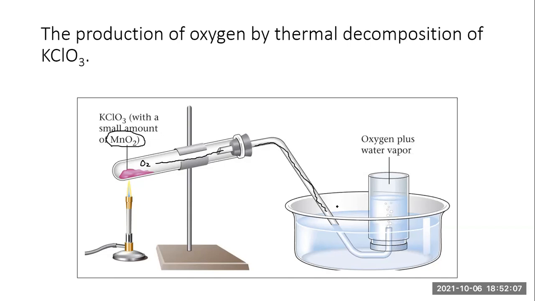And previous to this, you set up a container that was filled completely with water. You put it into a bucket of water here as well. So as the oxygen gas comes in, the water inside the bucket goes out.